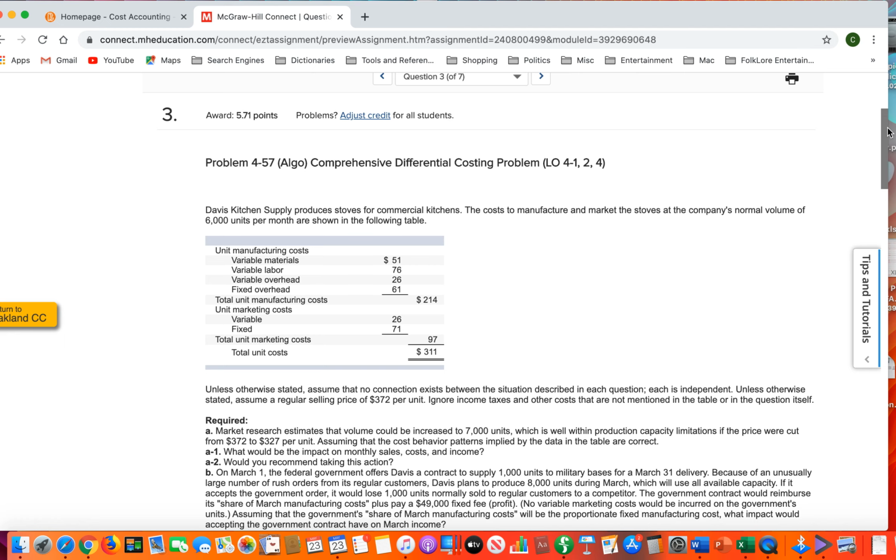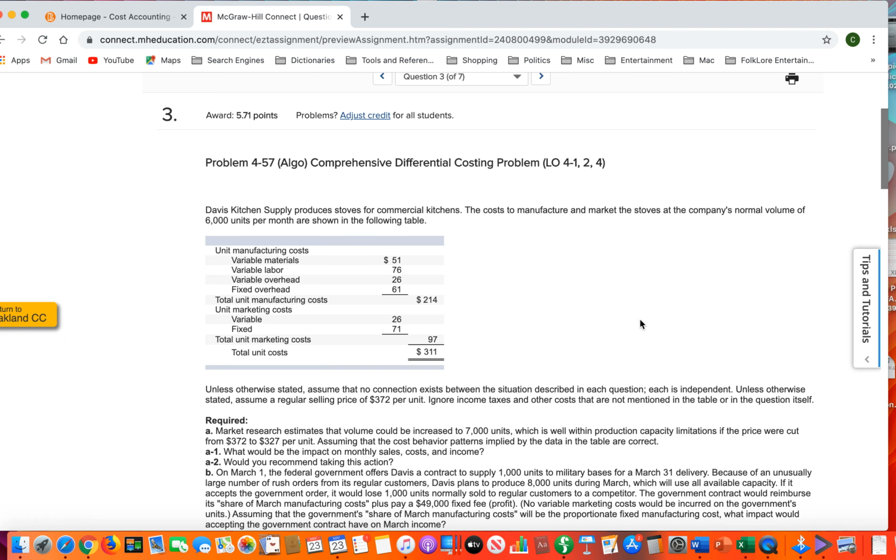They're going to operate at full capacity, right? 8,000 units. Let us suppose they operated 8,000 units with no government contract, just 8,000 units straight up. So it's 8,000 times, in this case, $372. That's the regular price, right? The variable cost, which you figured up here, the variable cost is the same per unit.